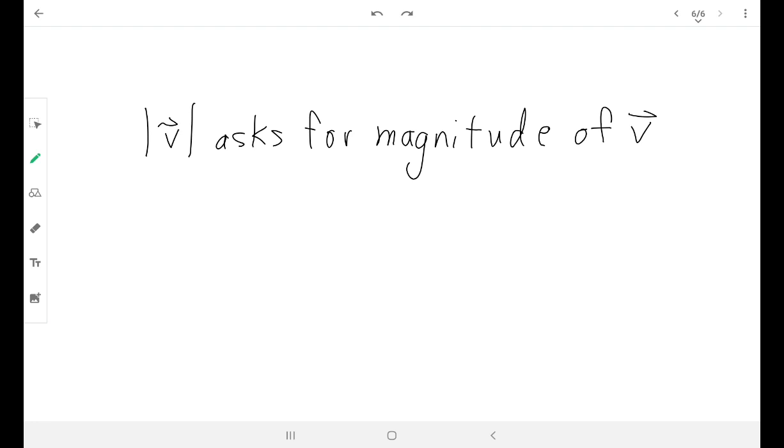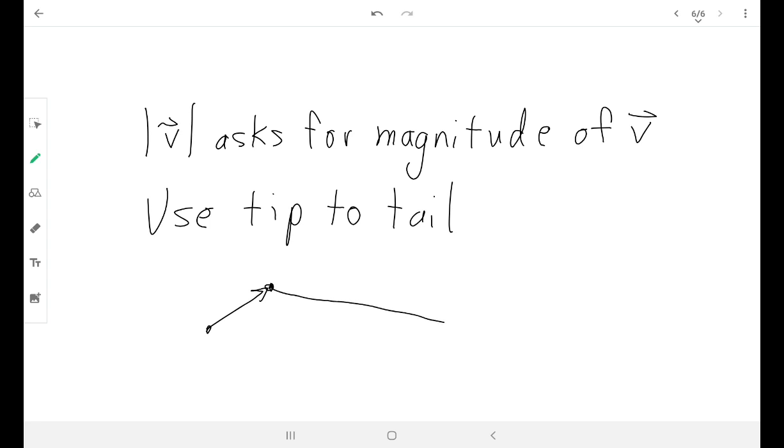The other thing is, again, use this tip to tail method where you have your first vector and then your second vector attached to it, the tip to the tail, and then the new vector is from tip to tail, from beginning to end.